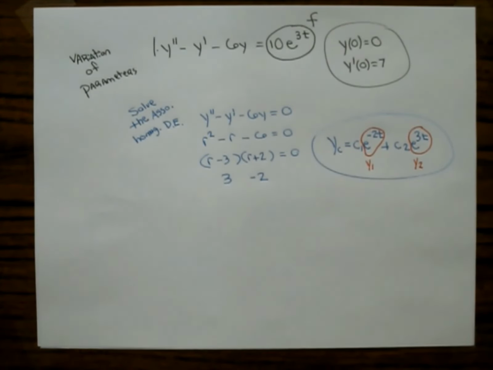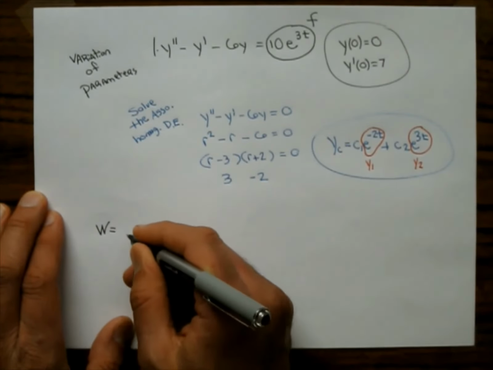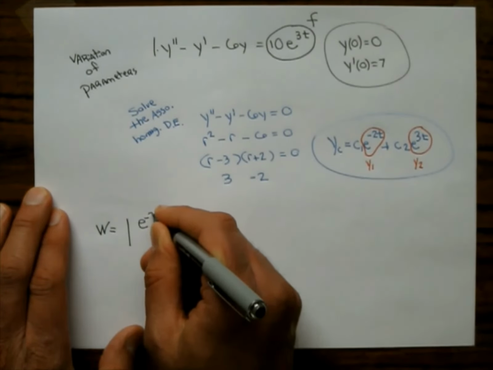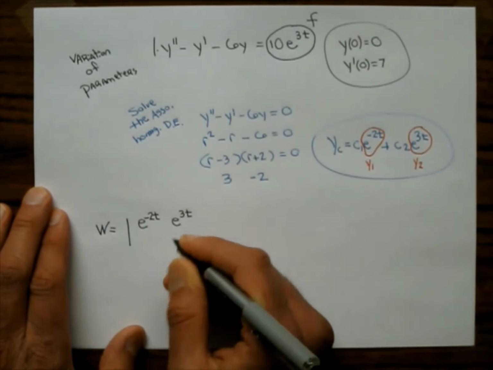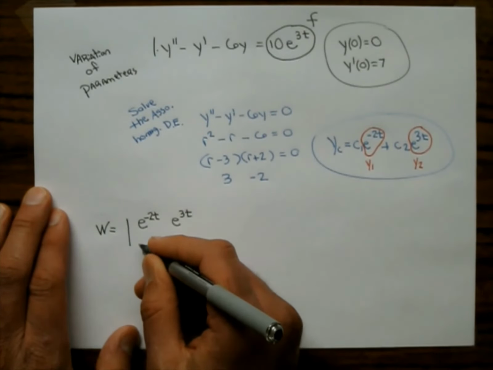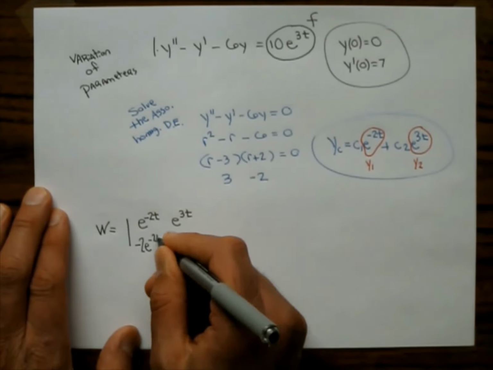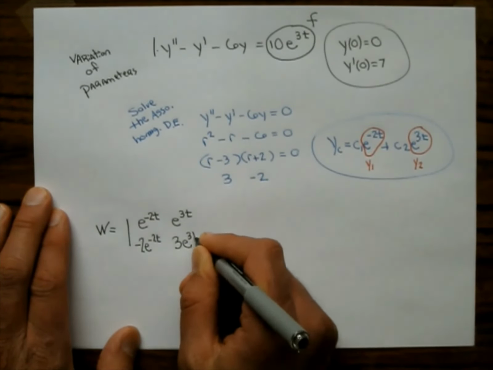Okay, so we're going to go ahead and compute the Wronskian of y1, y2. So that's of e to the negative 2t, e to the 3t. Take the derivative, so down here we end up getting negative 2e to the negative 2t, and then here is 3e to the 3t.